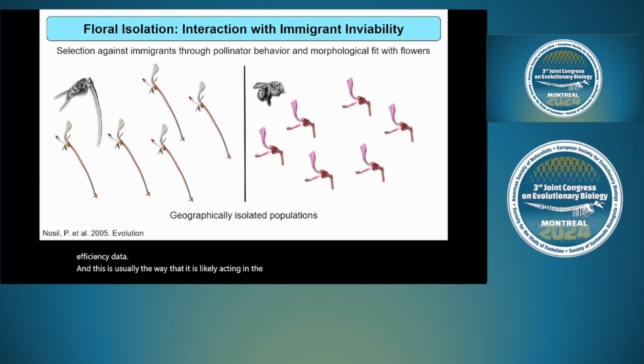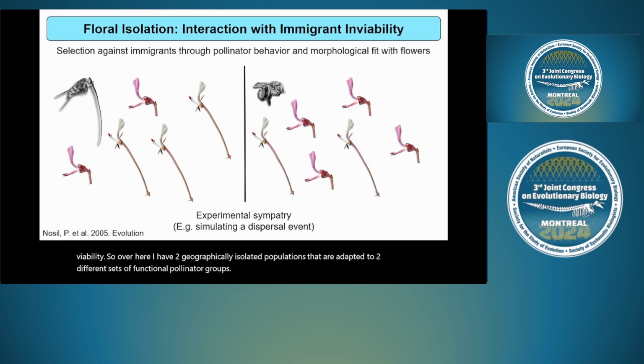Floral isolation can also interact with other reproductive isolation barriers, such as immigrant inviability. So over here, I have two geographically isolated populations that are adapted to two different sets of functional pollinator groups. We may have some kind of a dispersal event, which can be simulated using something like a reciprocal translocation.